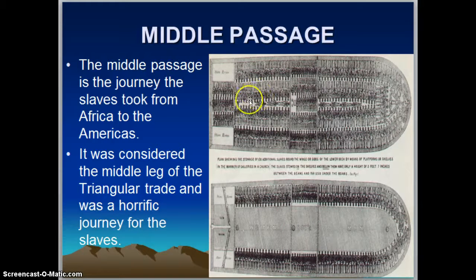And God forbid, if you were on one of the bottom planks, whatever seeped through made it down to you. It's disgusting to even think about. A lot of Africans died. That is why they tried to jam as many on a boat as possible, to ensure the most money made when they got to the Americas. Very depressing.